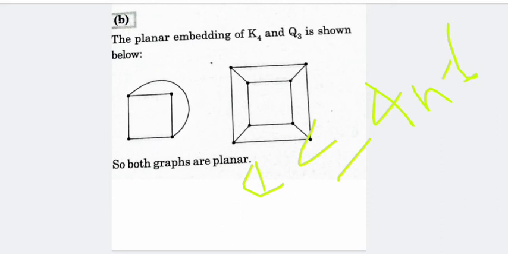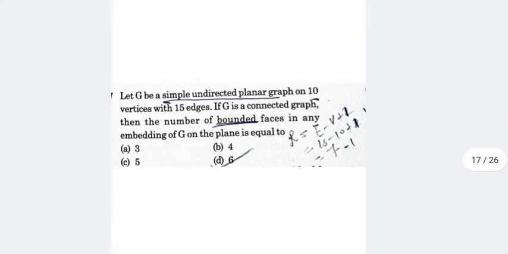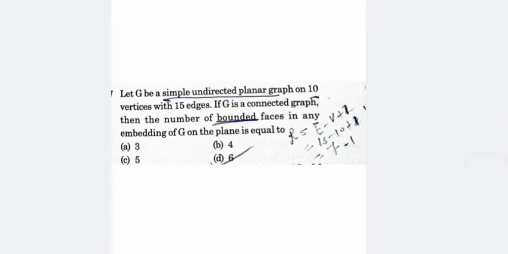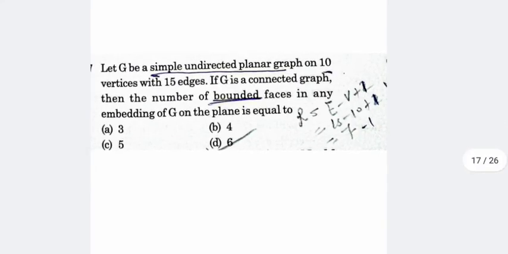Now come to the next question. Let G be a simple and undirected graph on 10 vertices with 15 edges. If G is a connected graph, then the number of bounded faces in any embedding of G on the plane is equal to... There are four options.